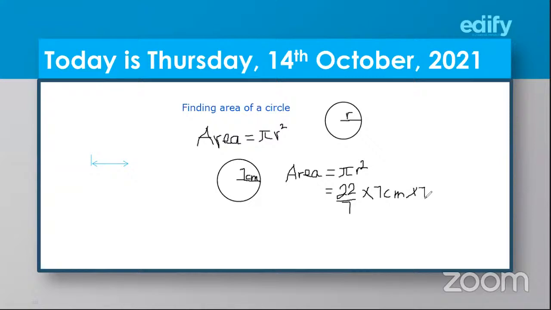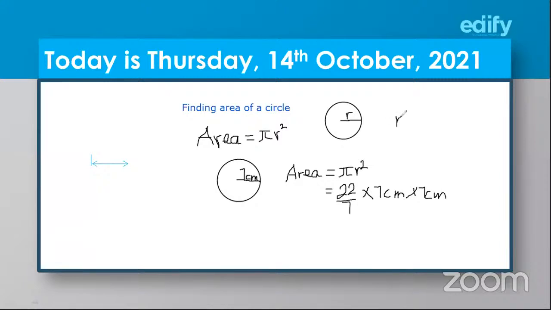So why did you use 7 centimeters times 7 centimeters? Because they have given us the radius as 7 centimeters. Why have you multiplied 7 times 7, two times? Because we have said area equals pi r squared, and r stands for radius, and the radius is 7 centimeters. Let me also come in there.